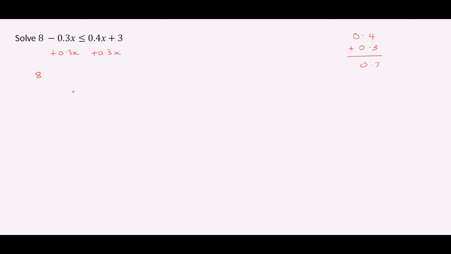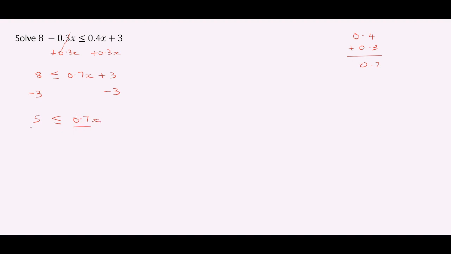So we have 8 less than or equal to 0.7x plus 3, because this ends up crossing out and becomes 0. Now we subtract 3 from both sides. We have 5 less than or equal to 0.7x.